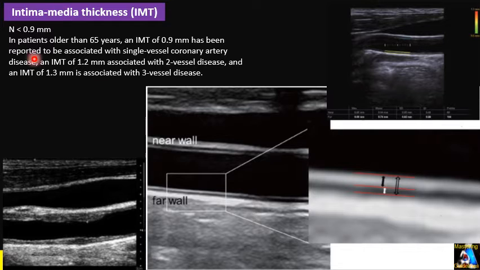As we know, the normal size of the Intima-media thickness is less than 0.9 millimeter, and it has been shown in many studies in patients older than 65, if IMT goes over 1.2, most probably the patient will have two vessel coronary artery disease, and if it goes over 1.3, the patient has the risk of having three vessel coronary artery sclerosis.